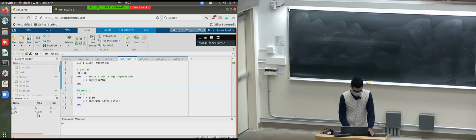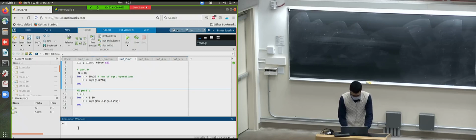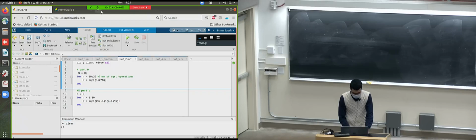I'm getting a slightly different value, 2.4139. Now I'm going from 1 to 10.